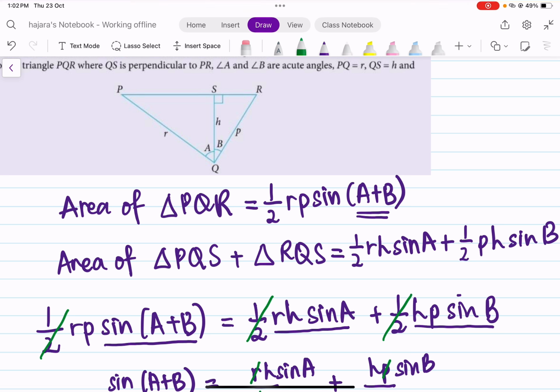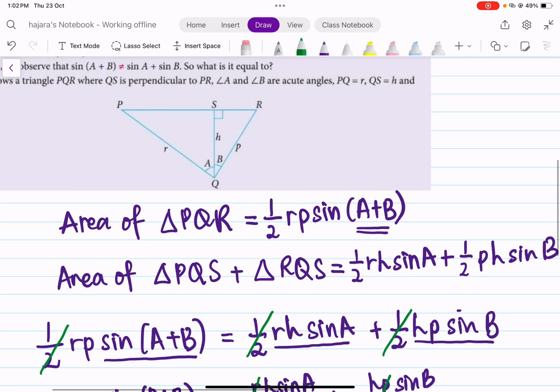Let's look at the diagram and look at h over p. Now in this triangle, what would h over p represent?